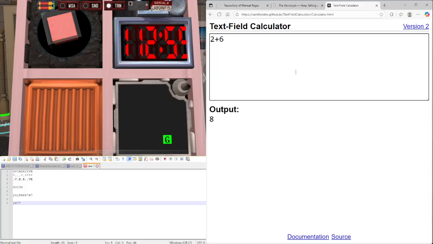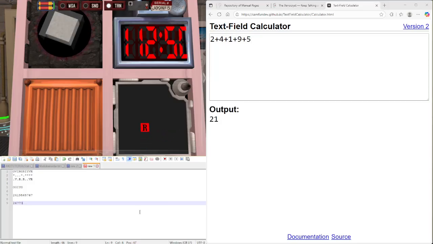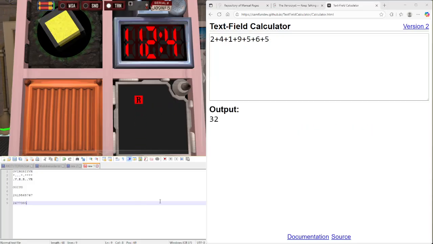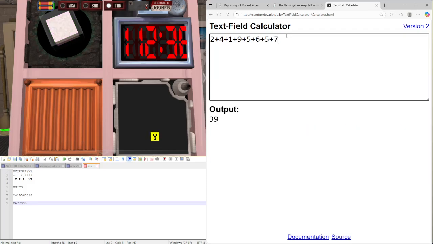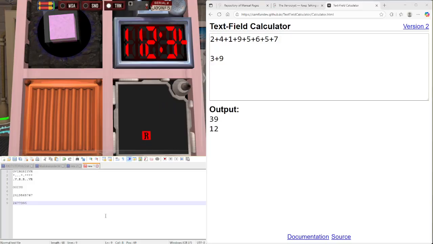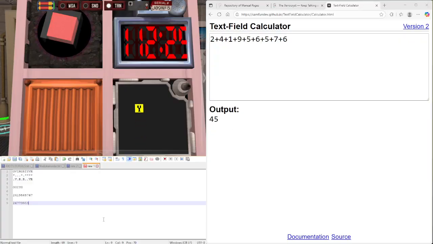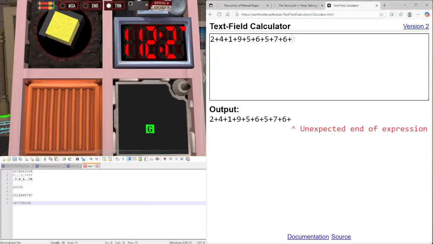Two plus 6, 2 plus 4, plus 1, plus 9, which is still 7, plus 5, 3, plus 6, 9, plus 5, 5, plus 7, 6 plus 7.